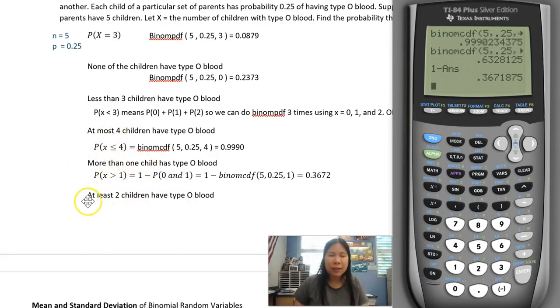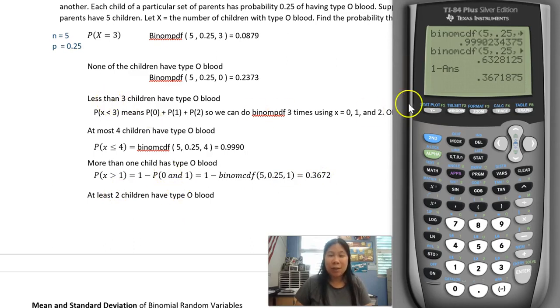More than 1 and at least 2 mean the exact same thing. Just a nice little trick, but it does make you pay attention to things. So the process for finding our probability is going to be exactly the same. Since we want 2 through 5, we don't want 0 and 1. And so you would do 1 minus binomial CDF of 1, and then that'll get you that answer.